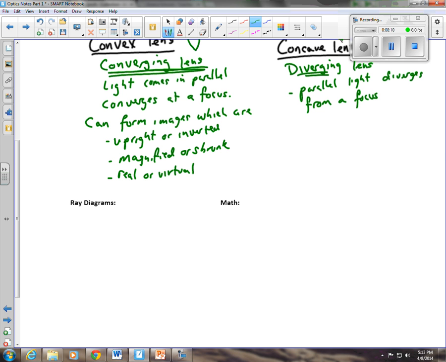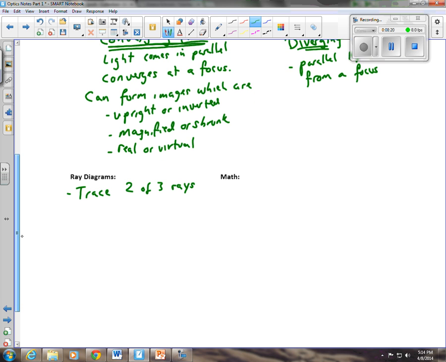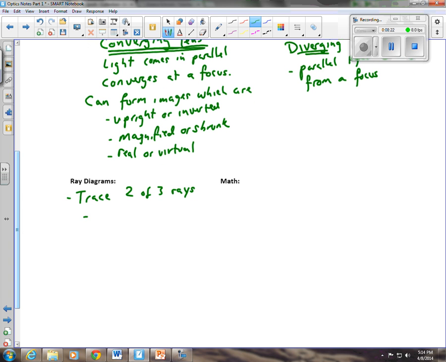So, when I do a ray diagram, you trace 2 of 3 possible rays. You have to know how to do all 3, but we almost always just do 2. The first one we already talked about. Parallel rays go through the focus.